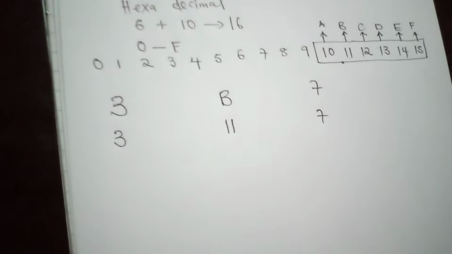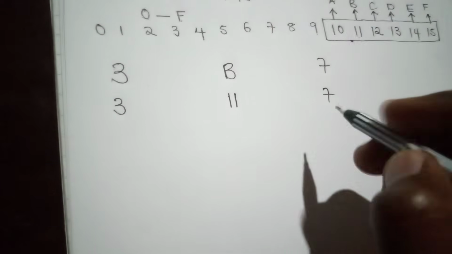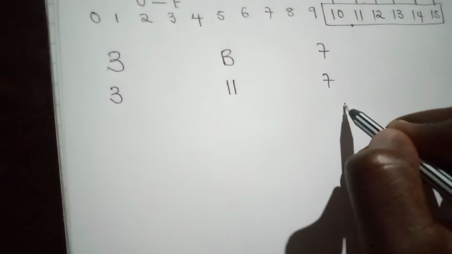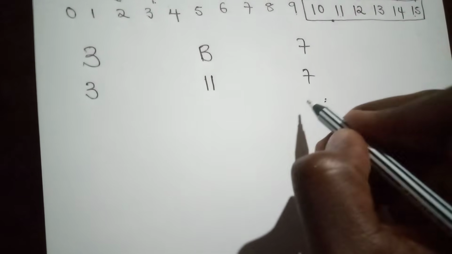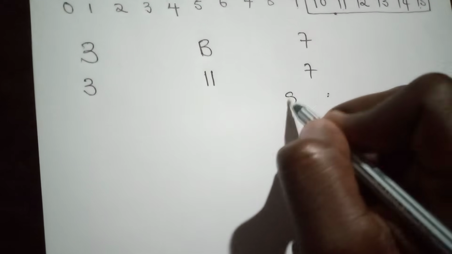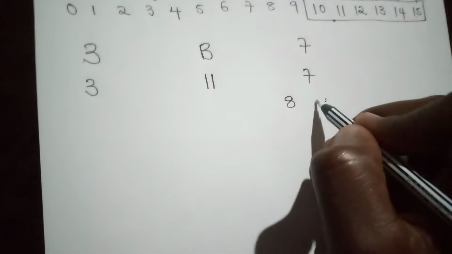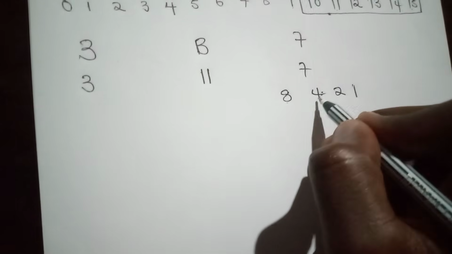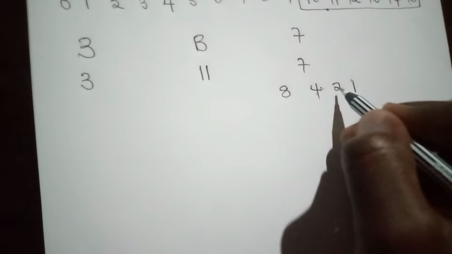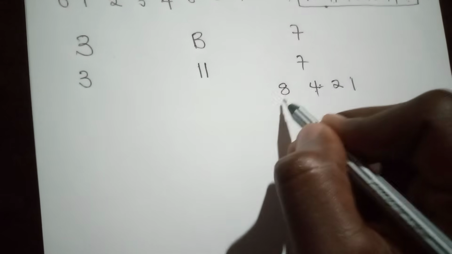So what I'm going to do now is put 4 numbers that, when I add, I get 15. What does it mean? If I put 8, 4, 2, 1, when I add these numbers, 8 plus 4 is 12, plus 2 plus 1 is 15.